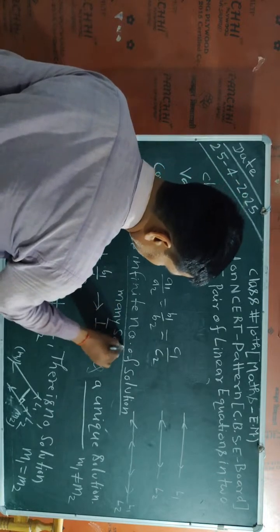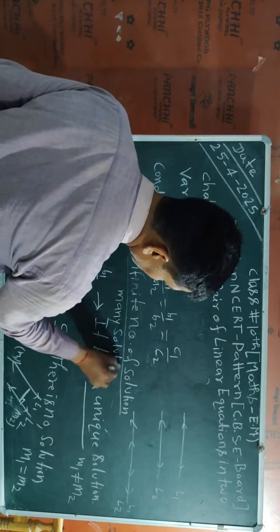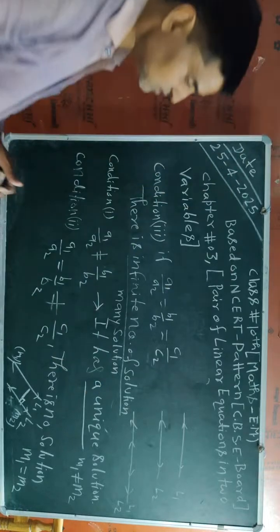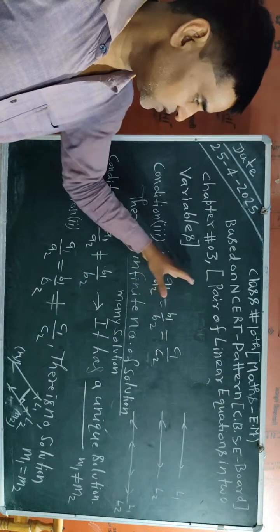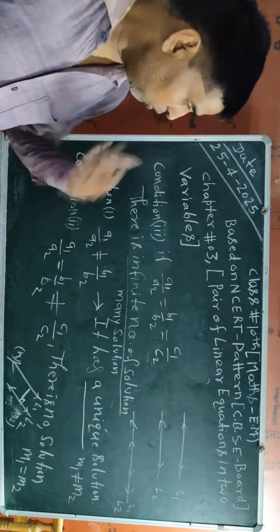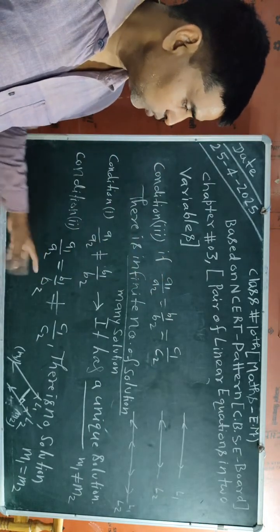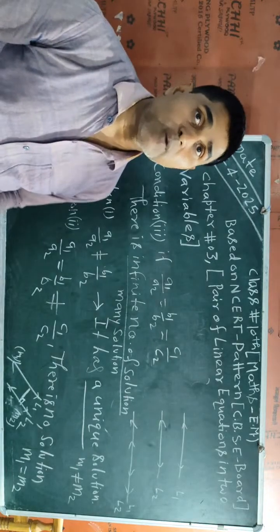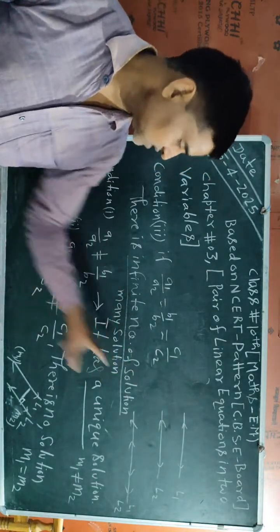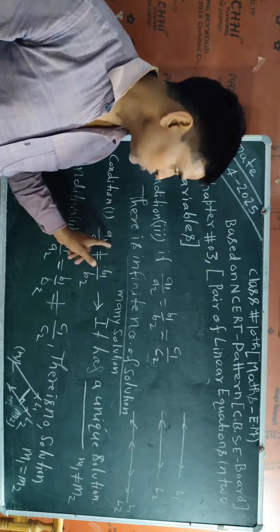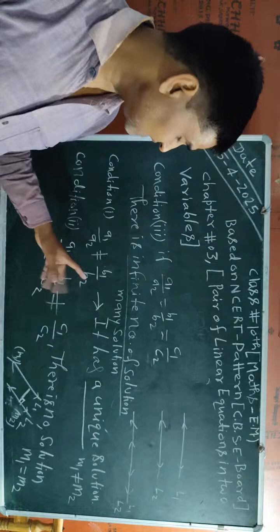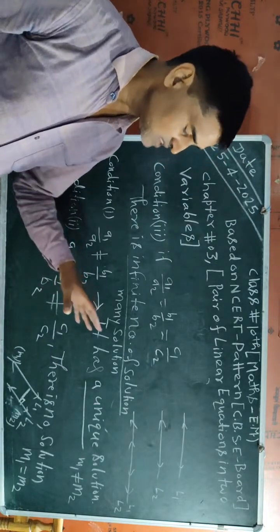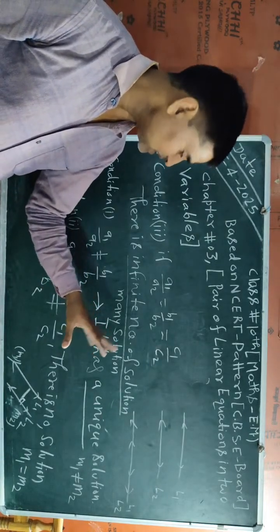Many solutions. Okay, student. So these three conditions each and every student has to remember, because in pair of straight lines only these three conditions are available. You have to get the value of x and y in first condition. If the slope of first line and the slope of second line are not equal to each other, it means that both lines will intersect at a certain point.